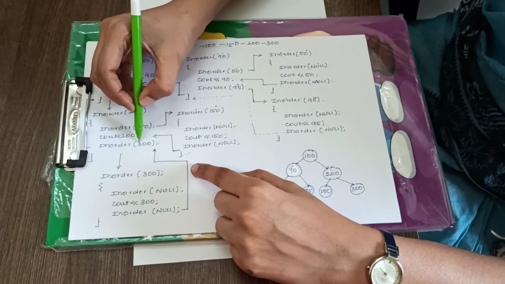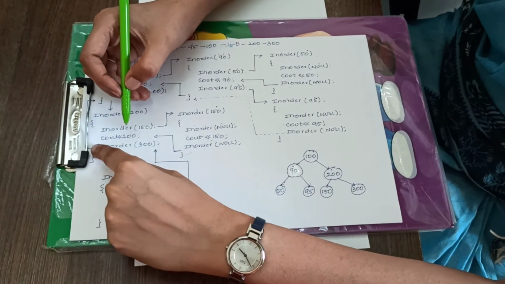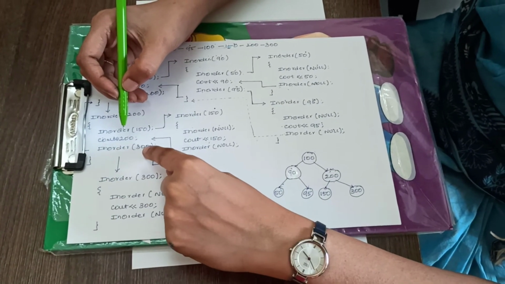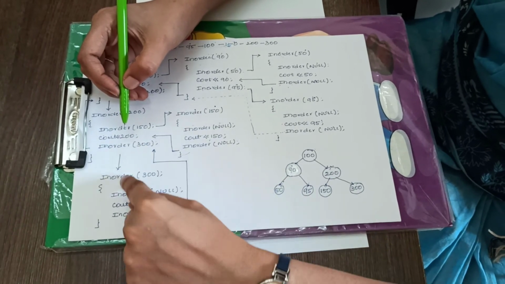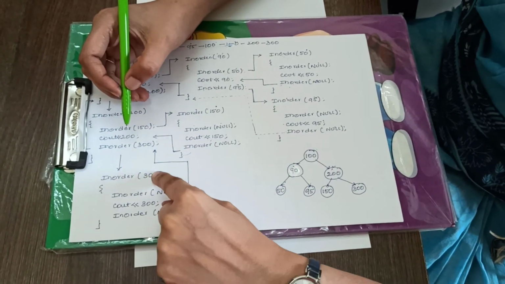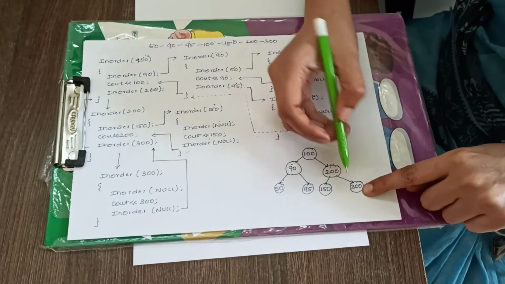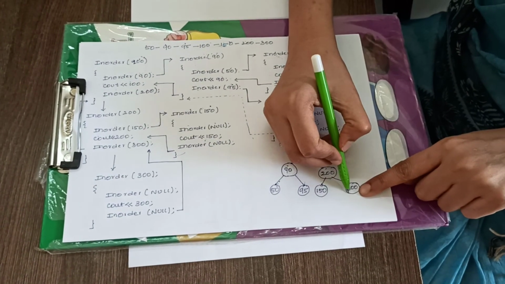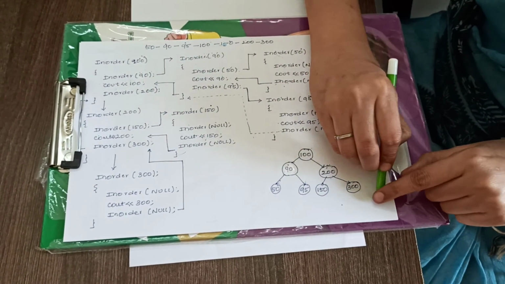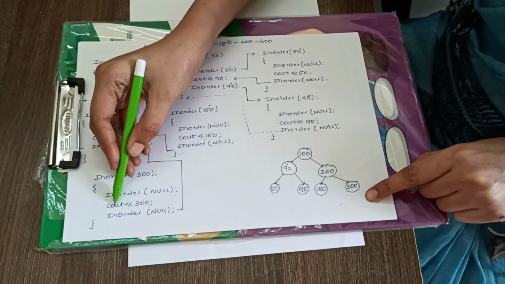Again the next statement must be executed after the cout statement. Inorder of 300 must be called recursively by passing 300. The control is given here. Inorder of 300 doesn't have a left child or a right child, so they are null. So cout 300.